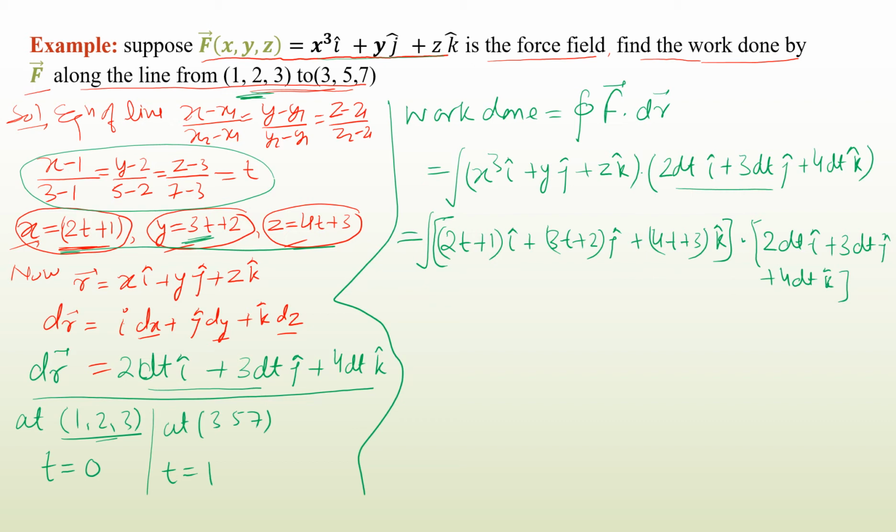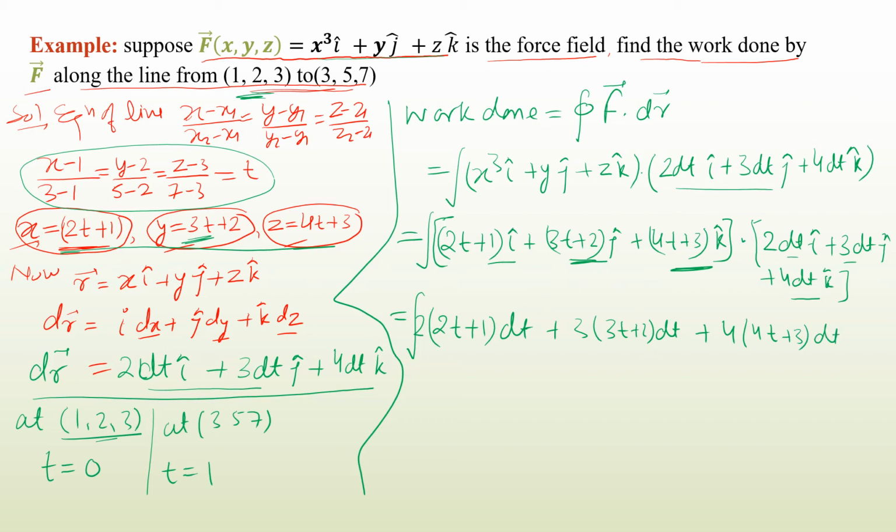Now there is a dot product, so i dot i is 1, so we write the integral of (2t plus 1) dt, and j dot j, that is 3, so we have 3 times (3t plus 2) dt, and similarly for k we write 4 times (4t plus 3) dt.